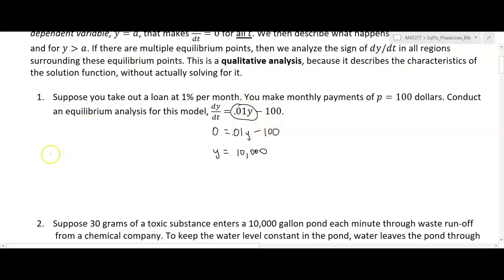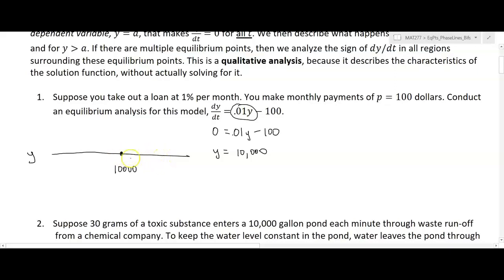Now, if we do a first derivative style test, and we draw a number line, and say that this is really the y-axis, and that when y is $10,000, we are in equilibrium. That is, the balance is not changing. But what happens if y is just slightly bigger than 10,000?